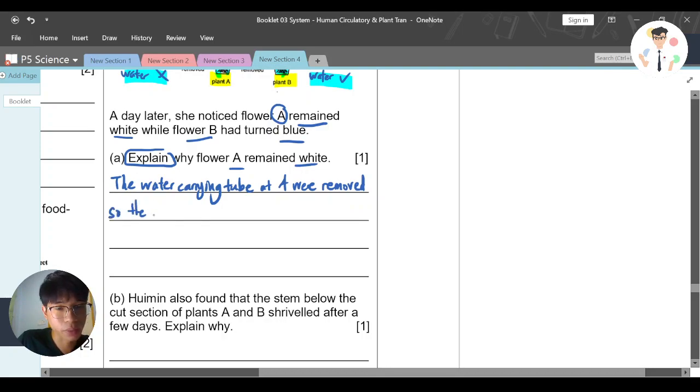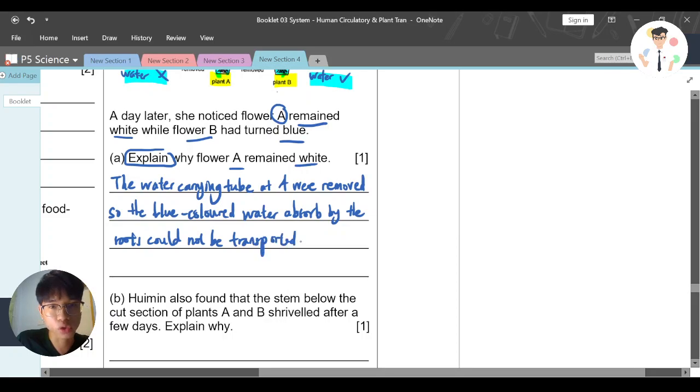So the blue color water absorbed by the roots, these are the keywords, would not be transported to the flower. You don't just say it is because it is removed. You must explain. That's why the water absorbed by the roots could not be transported to the flower.